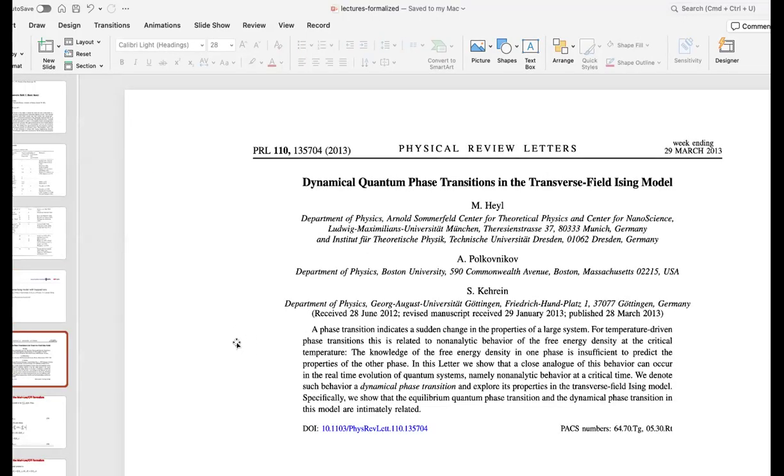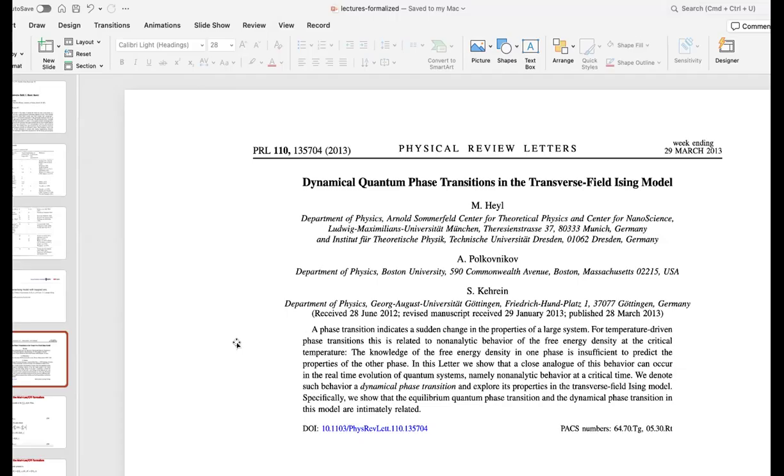And here is another study, dynamical quantum phase transitions. So quantum phase transitions are also one of the things that these transverse Ising models show. And for that reason, it's also of interest from a quantum phase transition standpoint. You know, quantum phase transitions came around in the last 20 years or so, primarily introduced by Subir Sachdev when he used to be at Yale.